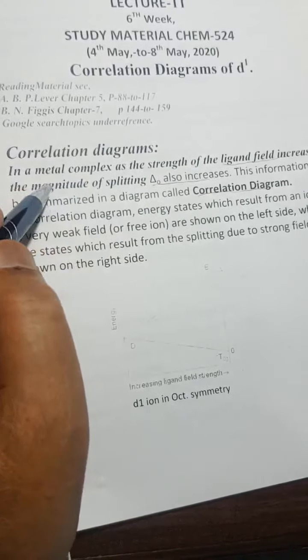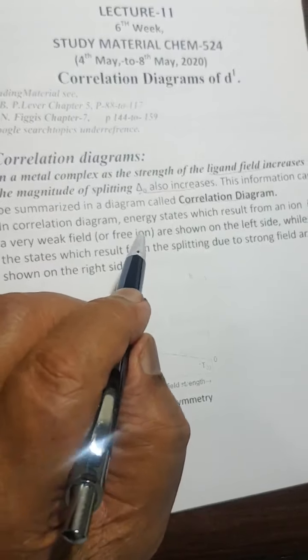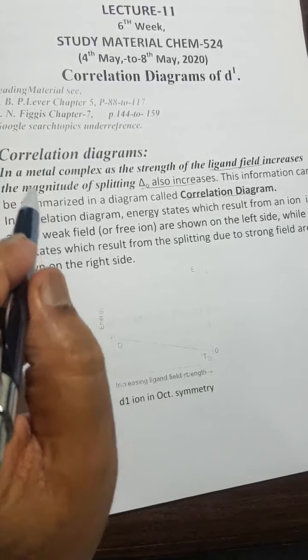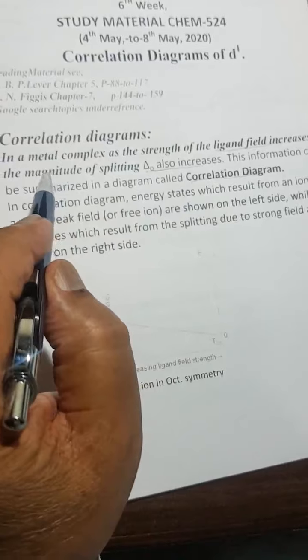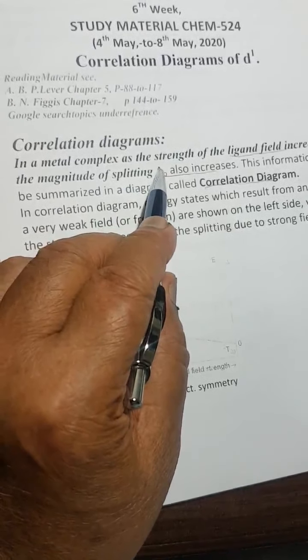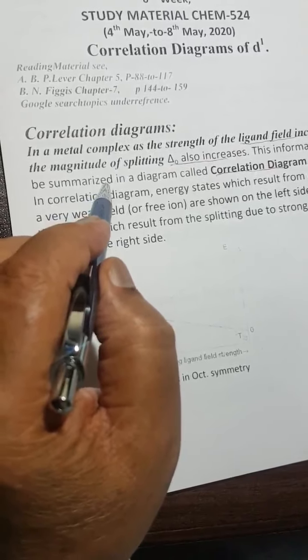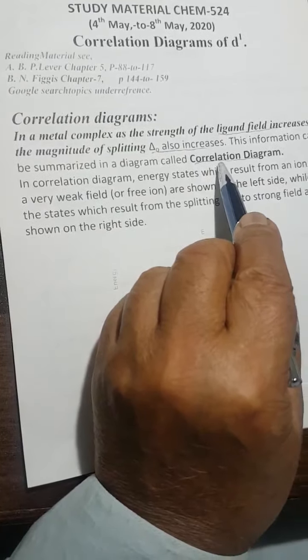Naturally, if it is an octahedral complex, as we increase the ligand field, splitting increases. This information can be summarized in diagrams called correlation diagram.